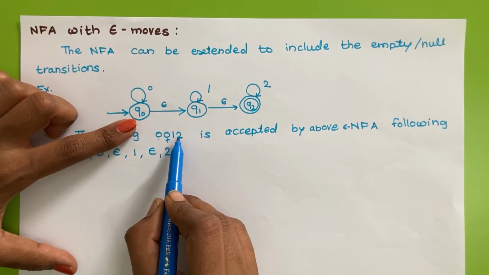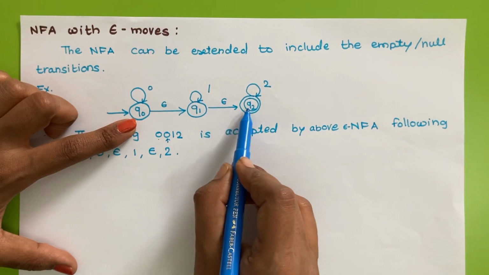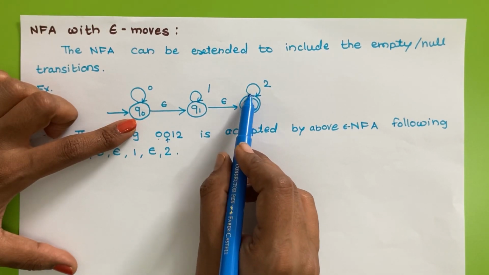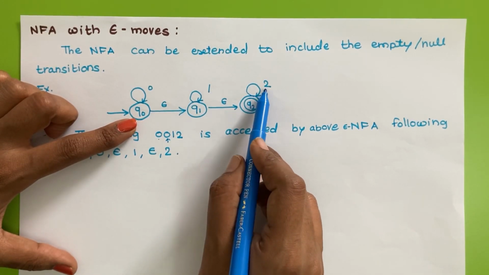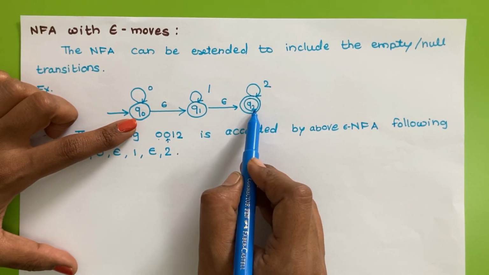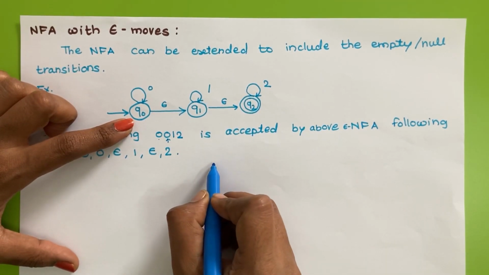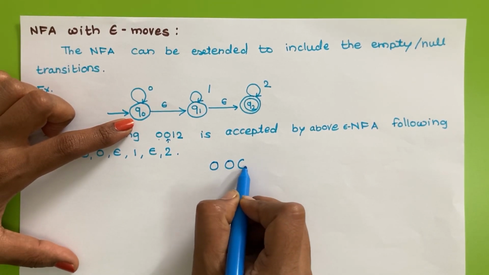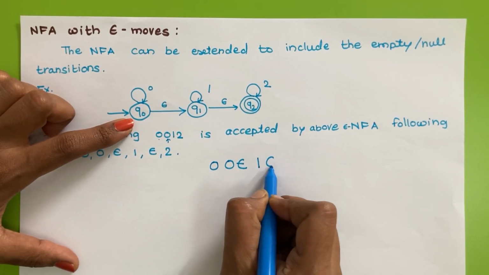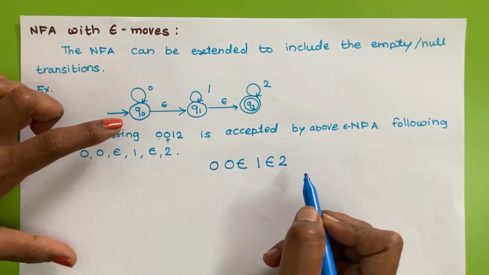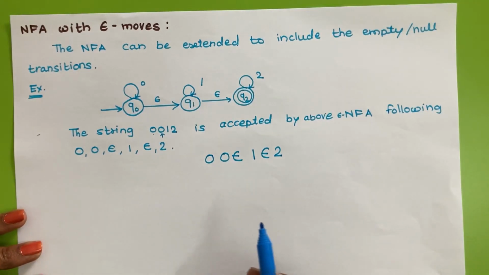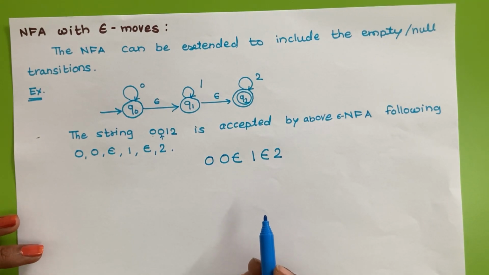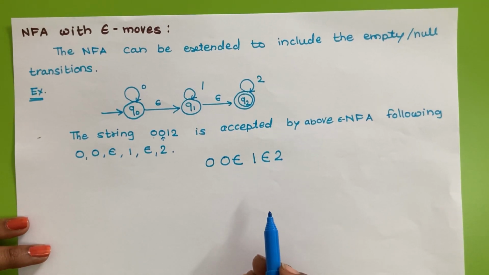Again from Q1 to Q2 it will read empty, and it will reach state Q2, and it will read this 2 at state Q2. This means it will read 0, then 0, then empty, then 1, then empty, and 2. This is one of the important types of finite automata, that is nothing but empty NFA.